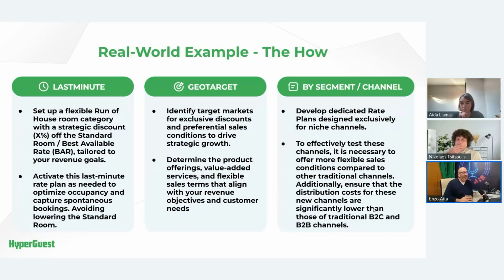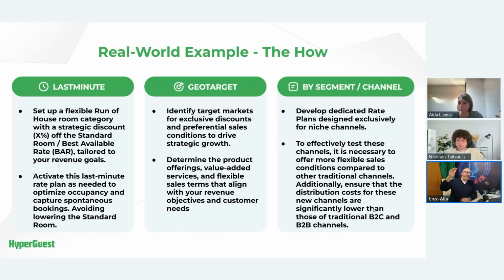Set up a flexible run of house room category with a specific discount, X percentage, off the standard room, of course, and from the best available rate, and tailor it to your revenue goal. So activate this last minute rate plan as needed to optimize occupancy and capture spontaneous bookings. In this way, you avoid lowering the price.